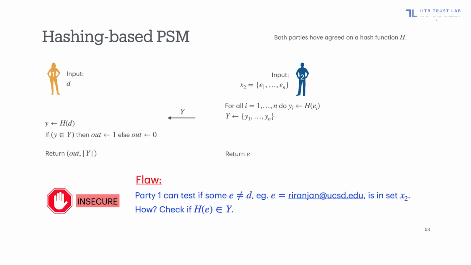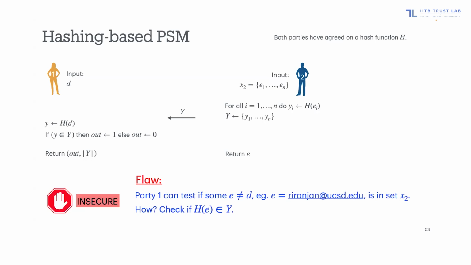But this is clearly insecure, because with the security goal, we know that party 1 should not be able to identify any other element of x2. But here it can, because it knows the set Y, it can check any other elements for membership in x2 and can mount something like a dictionary attack.